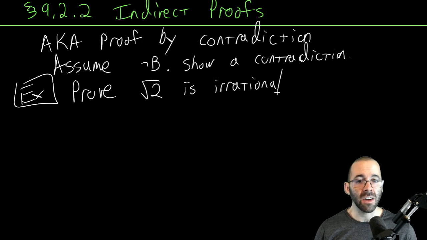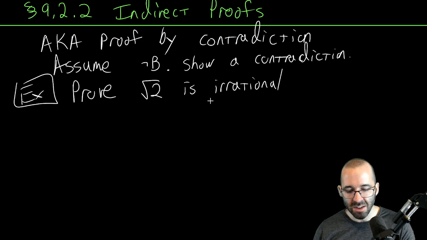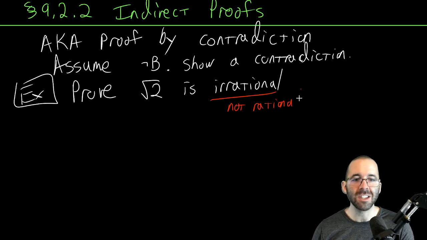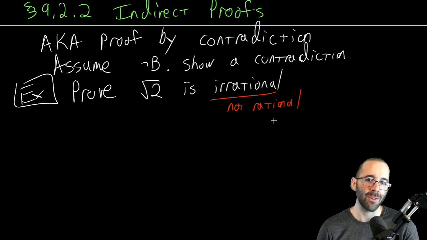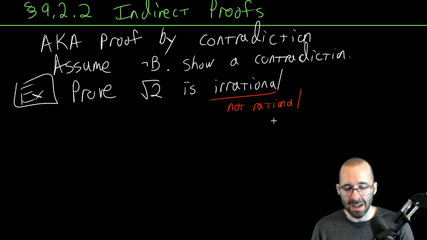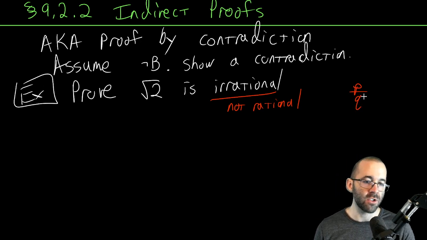Another way to think of irrational, a more precise way of thinking about irrational, is just not rational. All right, which sounds really stupid, honestly, when you write it like this. Of course, Jason, of course irrational means it's not rational. But what does a rational number mean? Rational means that it can be written as an integer divided by another integer.